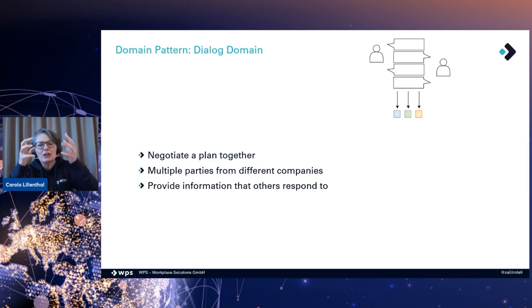So to create a common plan together, and normally, this plan is created between multiple parties that contribute information and respond to each other's information. So it's not just working on a plan together, but sending information to someone else and talking to him and discussing this information in a group. So this is why we call this the dialogue domain pattern.